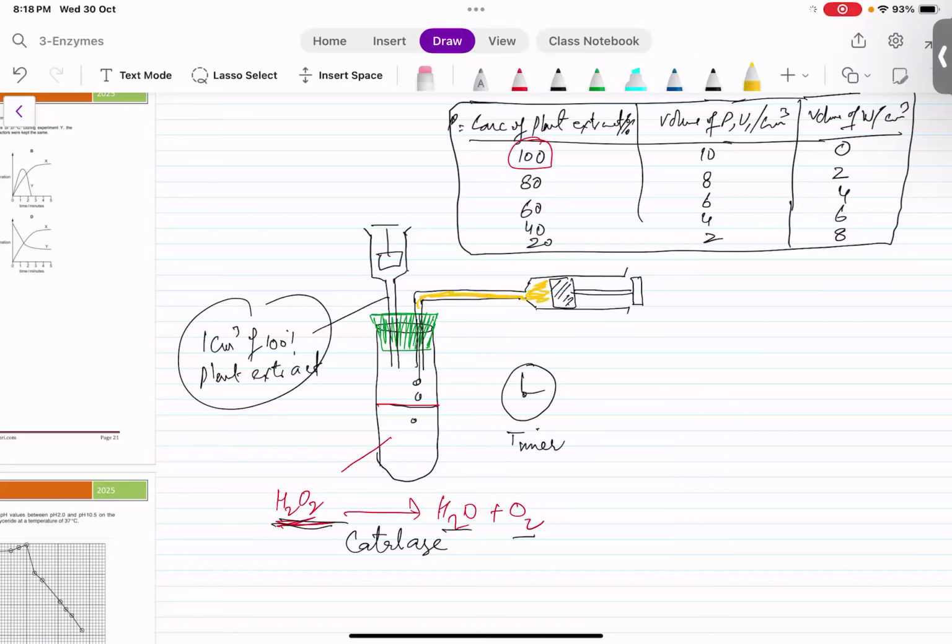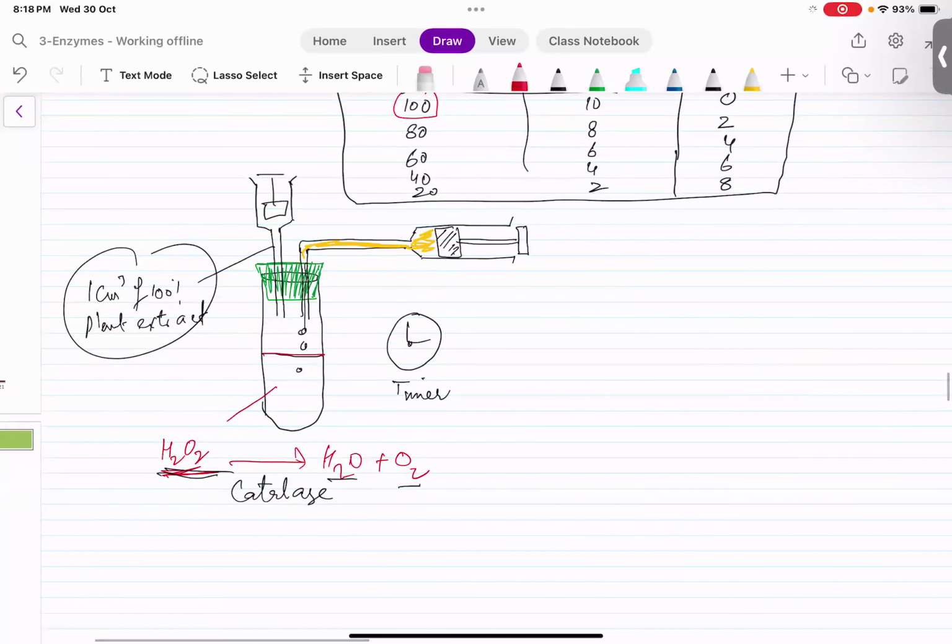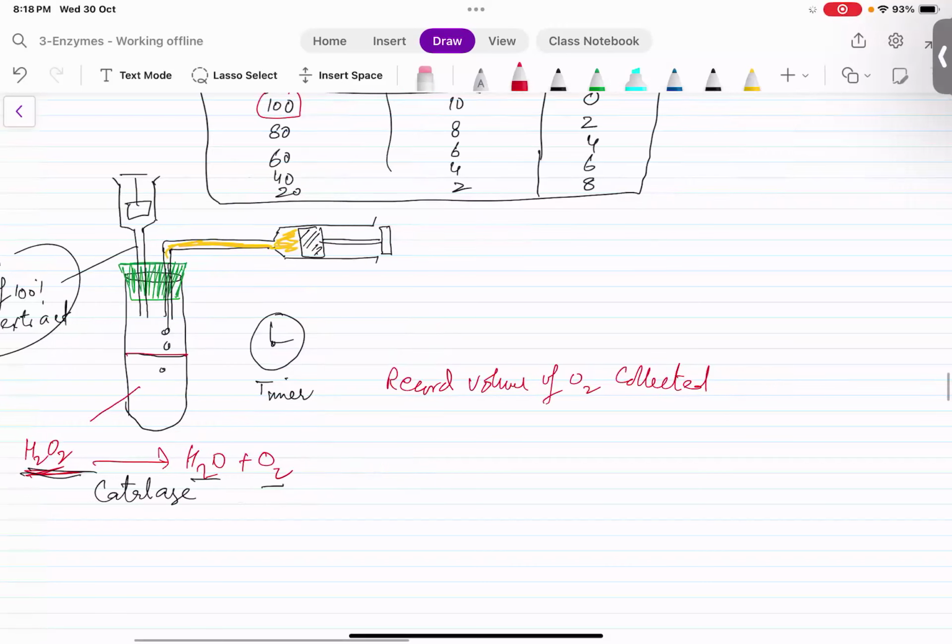And we record the volume of O2 collected in 10 minutes after every minute. Maybe after every minute, maybe after every 30 seconds, maybe after every 2 minutes, that doesn't matter.